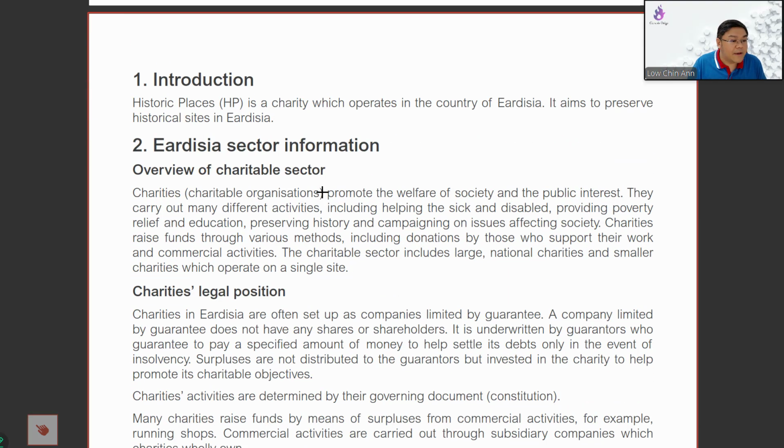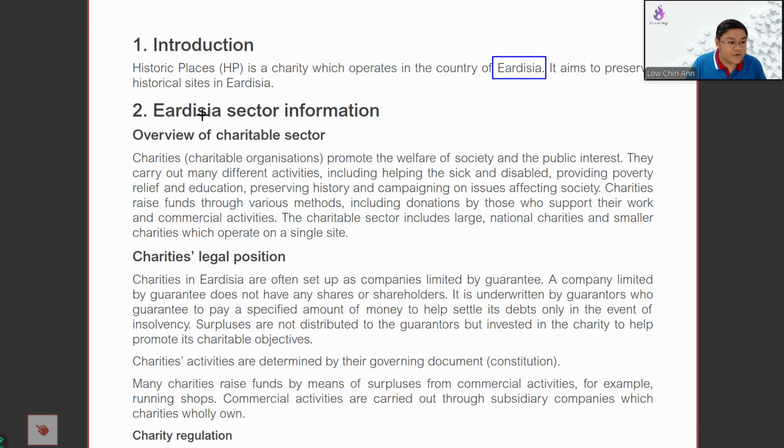Okay, it gives you Historic Places, a charity which operates in this country called Irradisha. It aims to preserve historical sites. So they gave you this Irradisha sector information. As usual, they will always give you information about the industry and then the company.